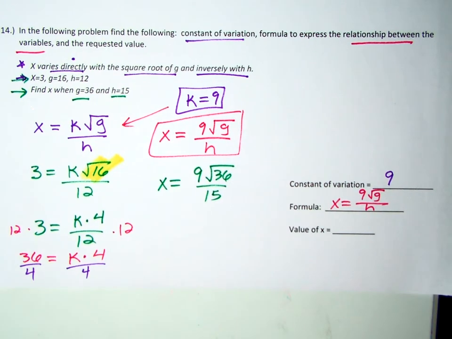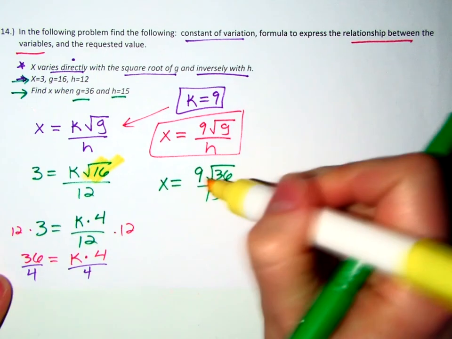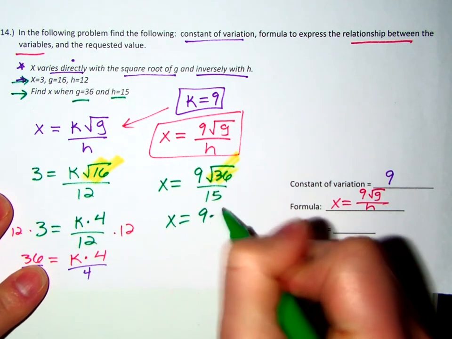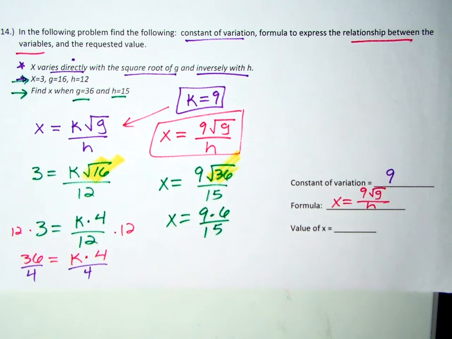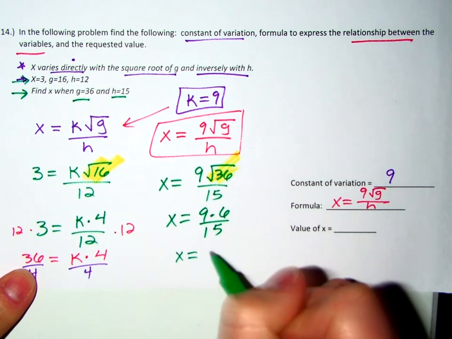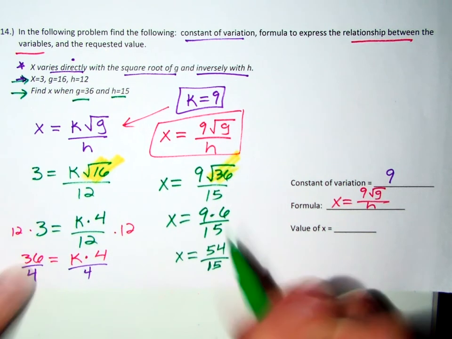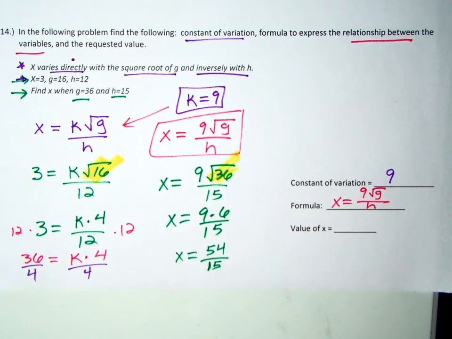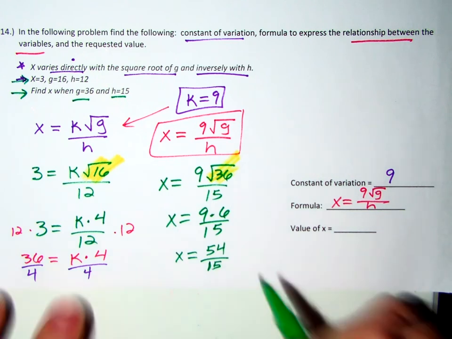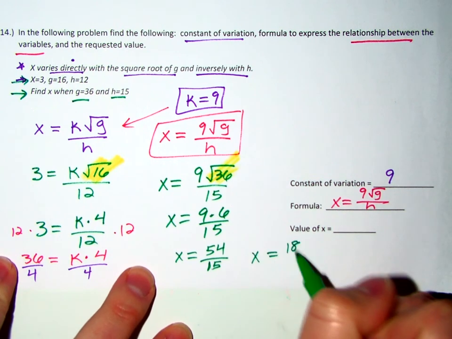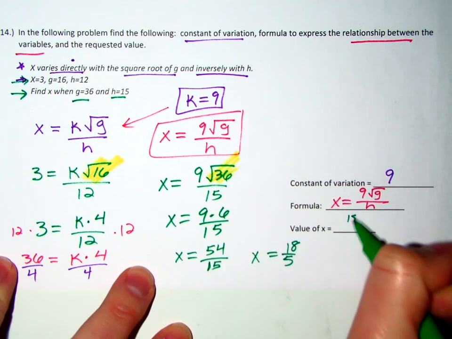So I can go ahead and simplify this. Again, my first step would be to take the square root. So the square root of 36 is 6. So x equals 9 times 6 over 15. And 9 times 6 is 54 divided by 15. And then you should probably make sure that you can't reduce that, which it actually does reduce. So it becomes 18 over 5. So x equals 18 over 5.